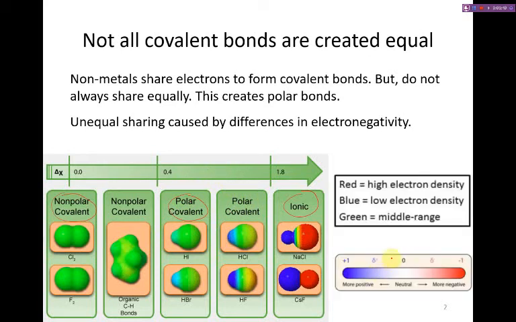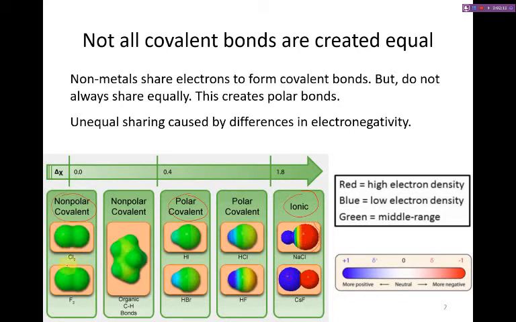The region of red, indicated here on the right, is high electron density. The blue indicates low electron density. And then the intermediate colors, the green, the yellow, indicate middle range or intermediate electron density. So in other words, if it's completely green, then that means that the electrons are shared equally.